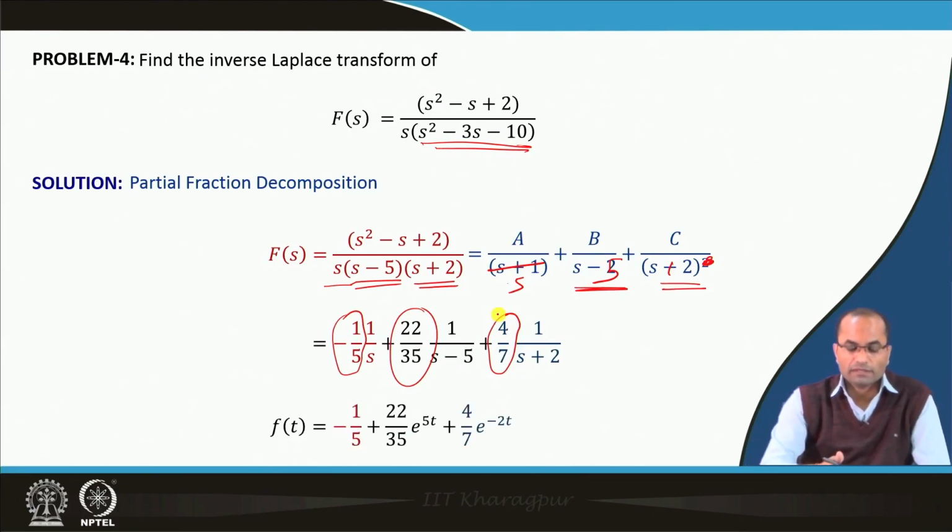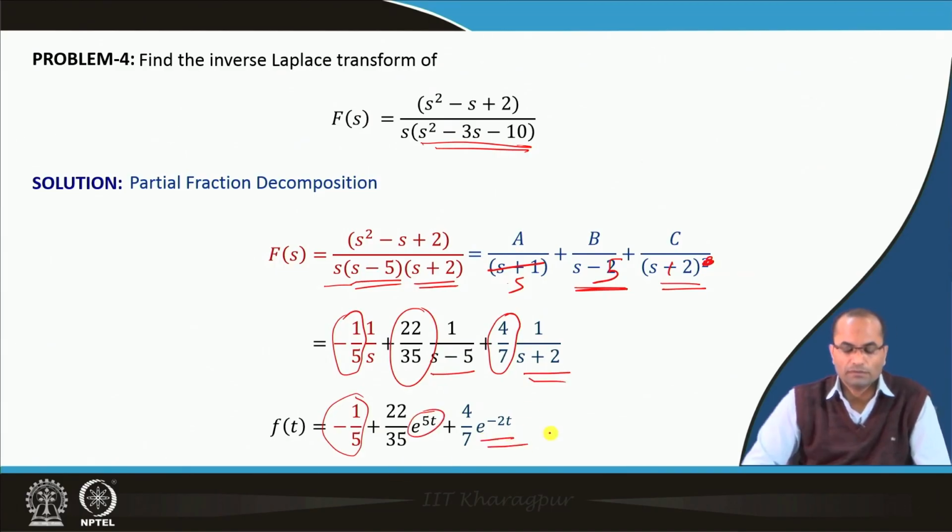Then we can apply the idea of the inverse transform. We get −1/5 times 1, then S − 5 will give e^(5t), and here we will get e^(−2t).